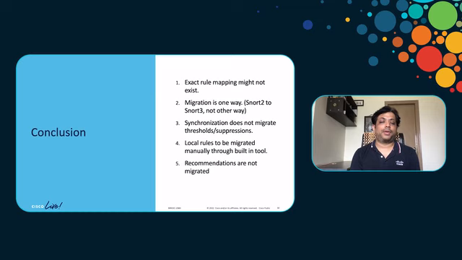Now, if you have firepower recommendations that are being used as part of Snort2, these recommendations would have to be generated again on Snort3 because the recommendations are also not migrated as part of the built-in process to migrate IPS policies from Snort2 to Snort3.